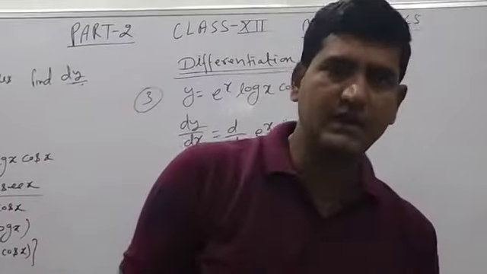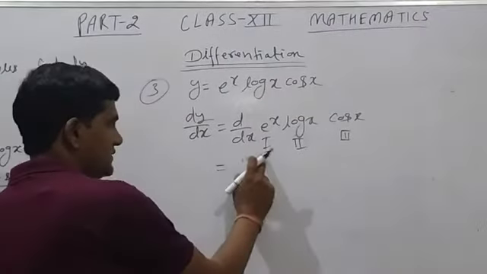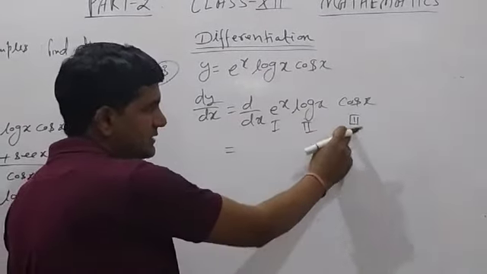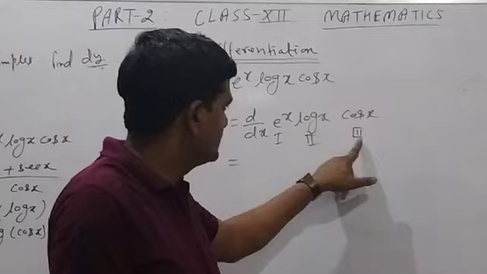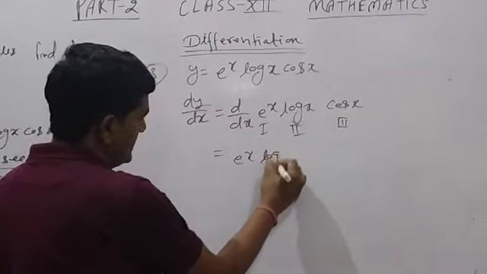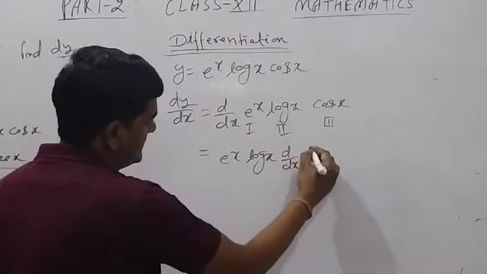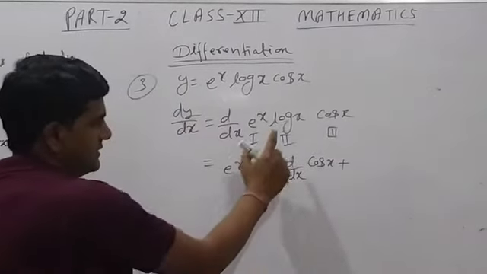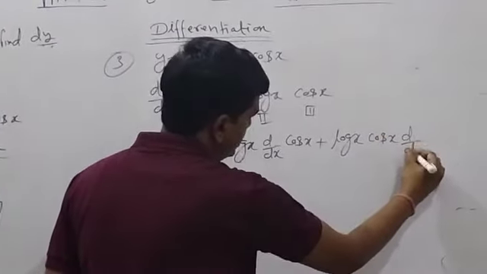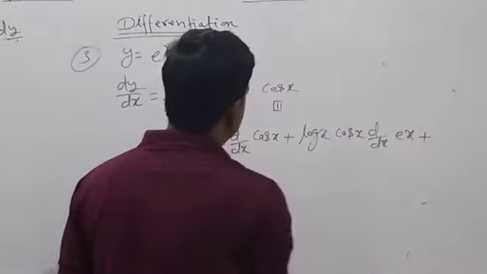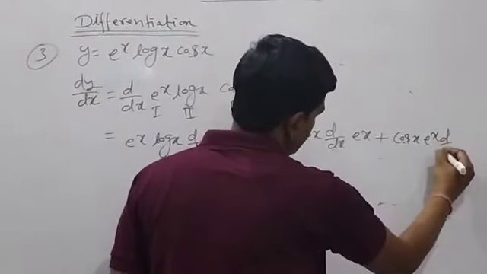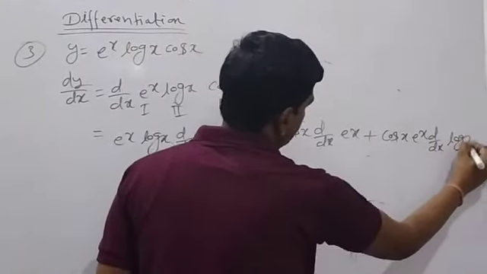We also have the formula for the product of three functions: leaving the first two functions, differentiation of the third function, plus leaving the second and third, differentiation of the first, plus leaving the third and first, differentiation of the second function. It means here e power x and log of x, d by dx of cos x, plus leaving log of x and cos of x, d by dx of e power x, plus leaving cos of x into e power x, d by dx of log of x.